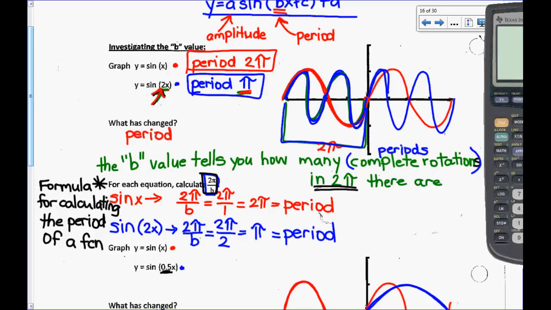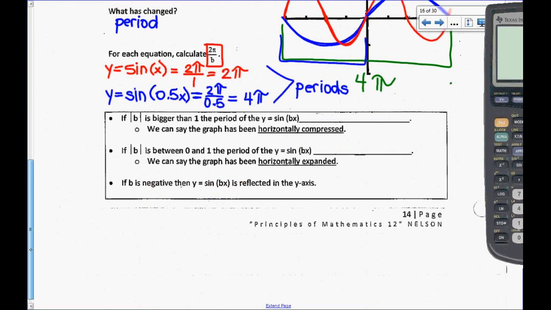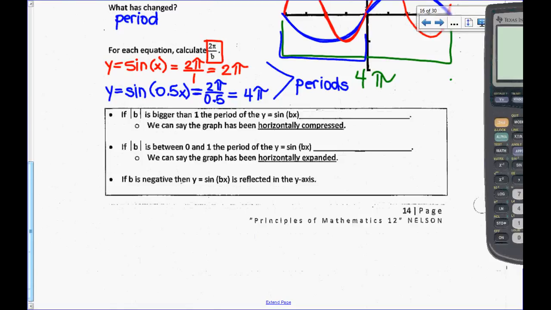So it changed the period in half, didn't it, really? What happened was it took this regular period and it really condensed it or compressed it, right? And all of a sudden we're getting 2 whole periods in the same distance that it took us before to do 1 whole period. Okay, so it is actually being compressed, horizontally compressed.